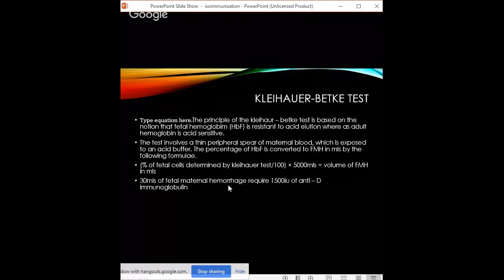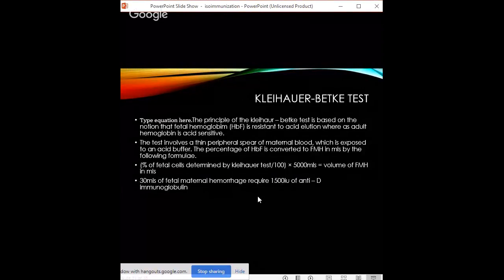And the percentage of fetal cells is converted to fetal maternal hemorrhage in mLs, as you can see right here: the percentage of fetal cells over 100, multiplied by 5,000 mL, would equal the volume of fetal maternal hemorrhage in mLs. And they say 30 mL of fetal maternal hemorrhage requires 1,500 international units of anti-D immunoglobulin.